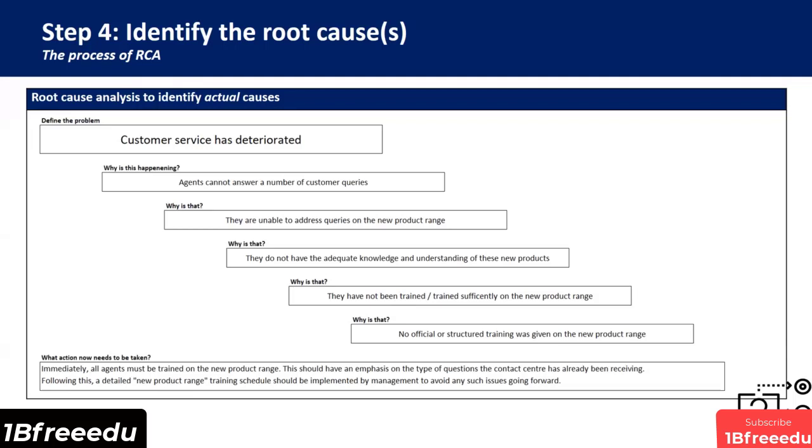This should have an emphasis on the type of questions the contact center has already been receiving. Following this, a detailed new product range training schedule should be implemented by management to avoid any such issues going forward. So this clearly shows here how you've got from your potential problem to your final root cause, and then to an actual potential solution that you can deliver to solve this issue.